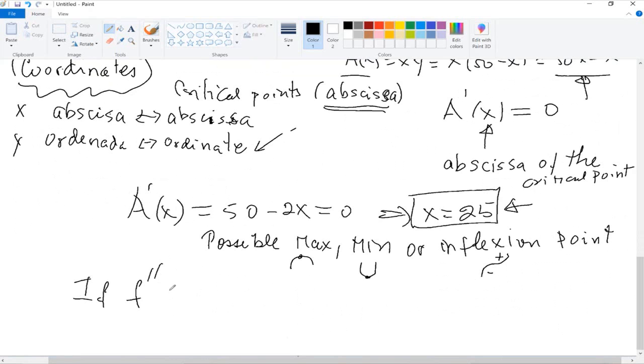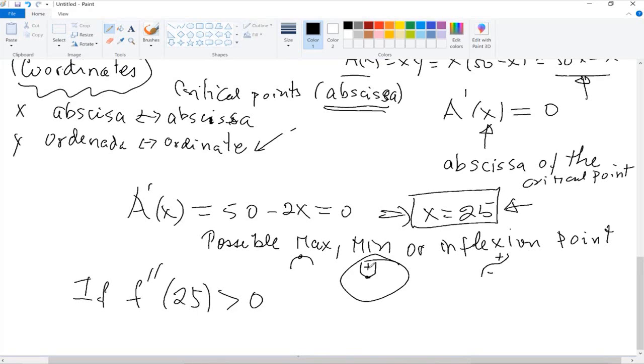If f second of 25 is greater than 0, it is the minimum case. Okay? Right? See that? Yes. That's why I call it that way.